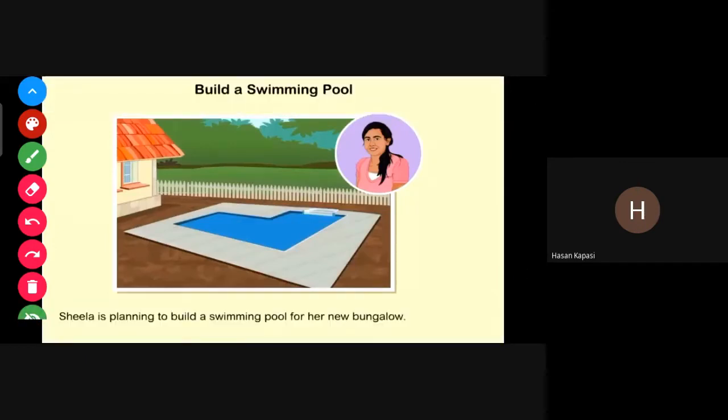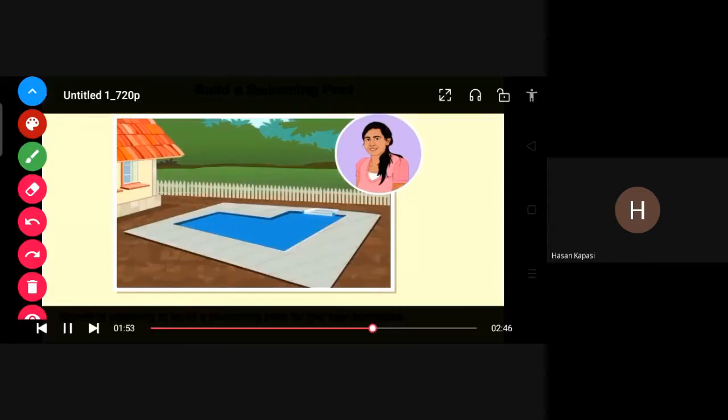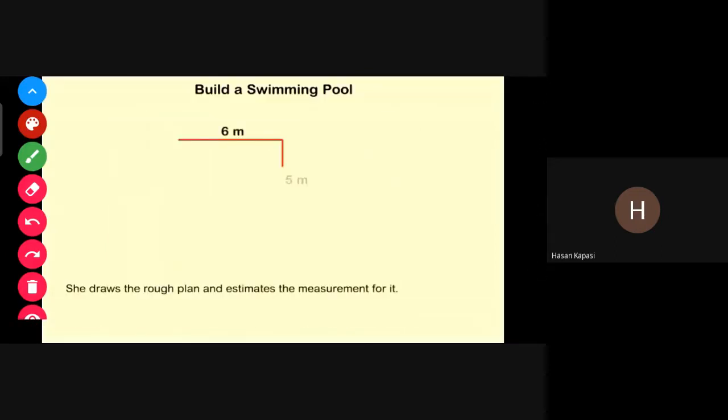Then you can see this shape. Some swimming pools are rectangular, some are oval shape, some are circular. So this shape is not even oval or a circle. You can see this shape of the swimming pool. Here it is written swimming pool. So now they will show us that swimming pool shape also, means sides.